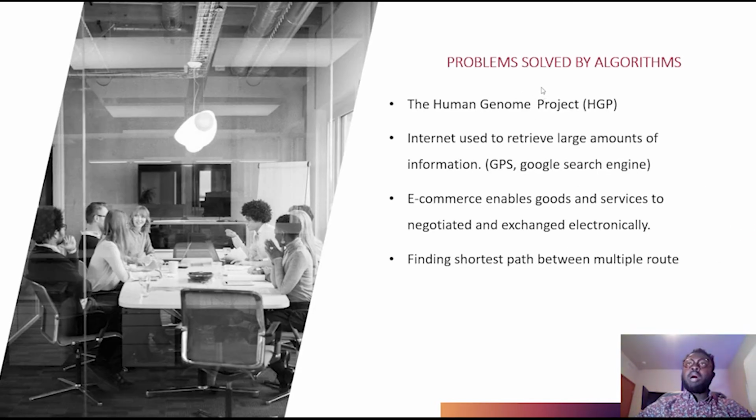Let's look at some problems that have been solved by algorithms. I'm going to talk about the internet, used to retrieve large amounts of information. Let's talk about Google search engines.